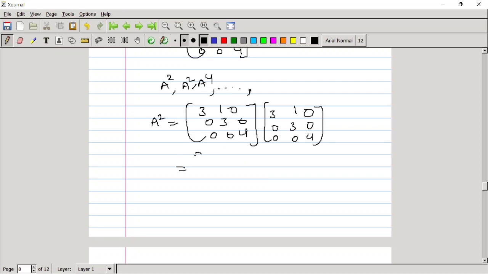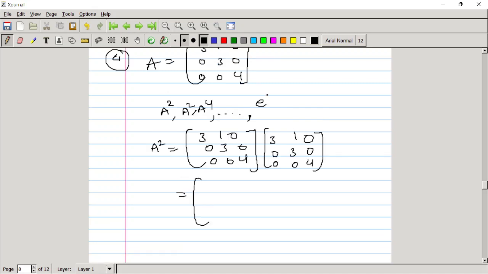The question was to find e power A. Yes, it is asked to calculate e power A. But we have the formula that e power A is equal to I plus A square by 2 factorial plus A cube by 3 factorial plus and so on. We have this formula. So I'm just calculating the values A square, A cube, and so on. From that, we can get some similarity for A power n.